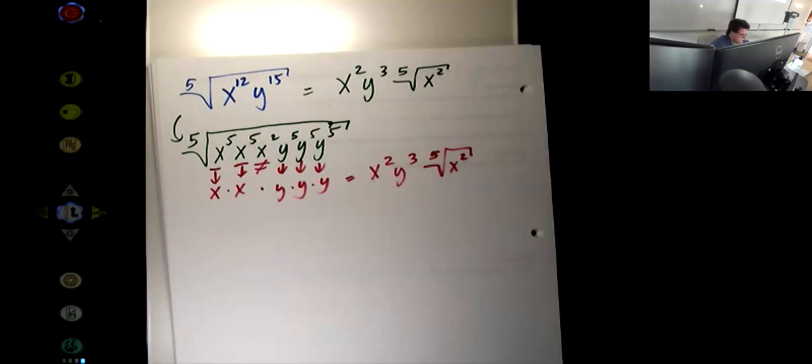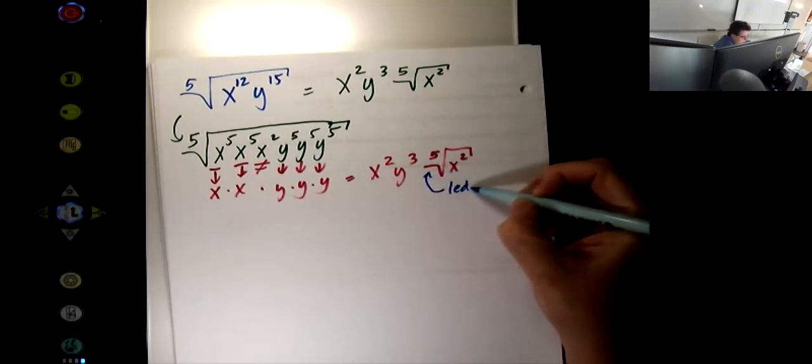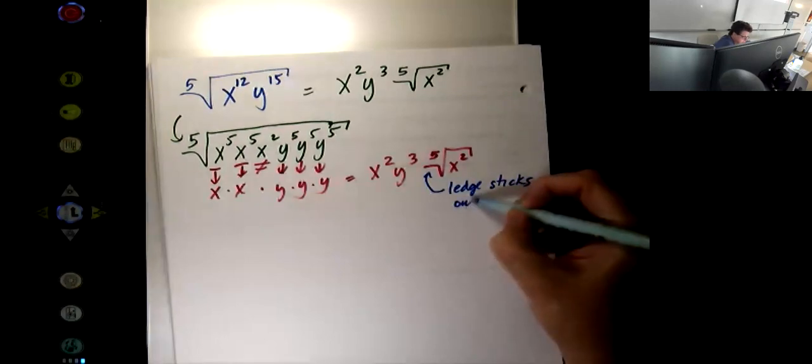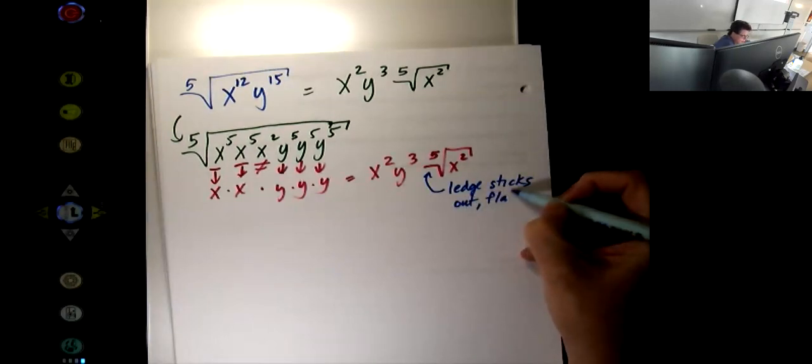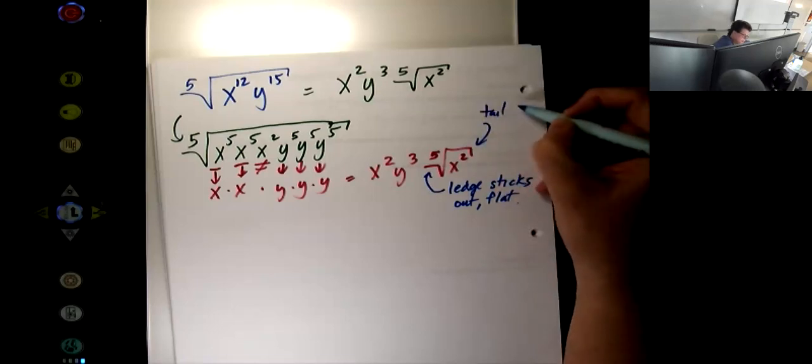I want to point out something that you guys may not notice that I do consistently. I make this ledge stick out pretty flat, and I have a tail that comes down off the end.